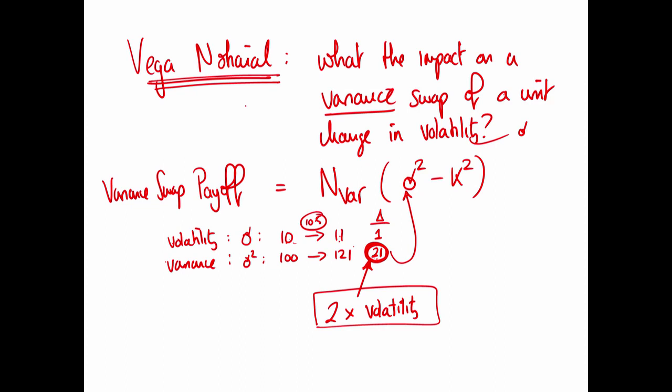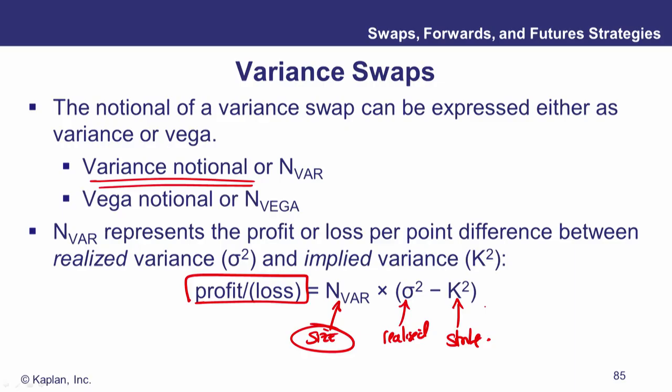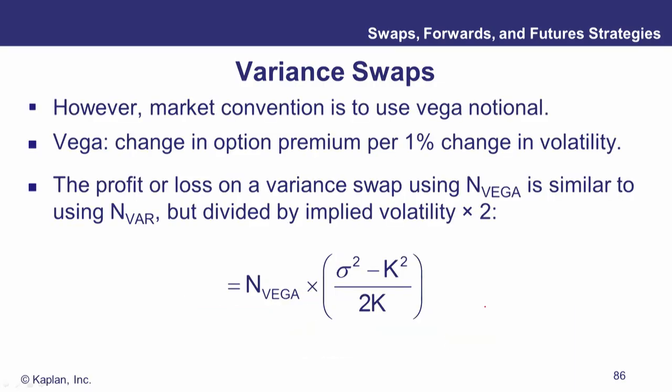In fact, it's higher to the tune of 2 times your general volatility levels. Now, if your general volatility levels are where you expect them to be, in other words, they're round about K, that's what K has always been, implied volatility, and where you expect volatility to be, then this 2 times K becomes the adjustment to move between Vega notional and variance notional. Okay? So that's where this 2K comes from, right?